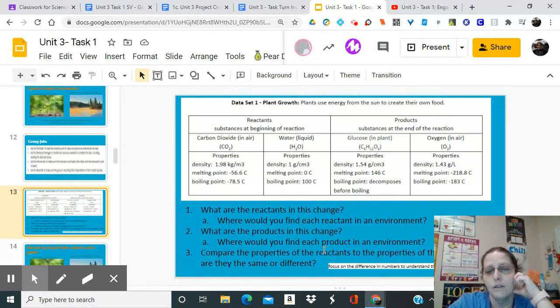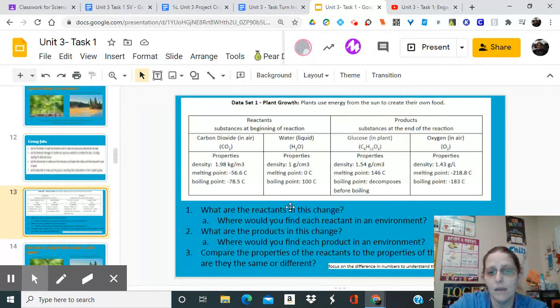All right, now this is the part that you're going to take a little time with. Compare the properties of the reactants to the properties of the products. Okay, so you're going to compare these properties to these properties. You're going to focus on the differences in the numbers in order to understand the differences in the properties.